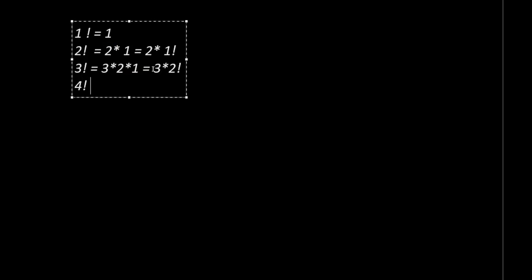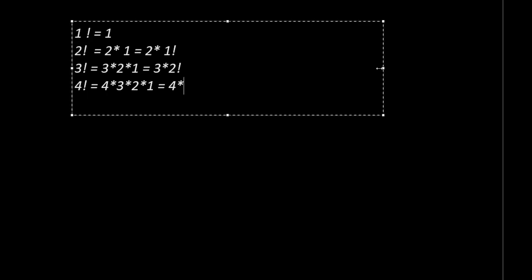So let us move on with 4 factorial. How do I find 4 factorial? Which is 4 into 3 into 2 into 1. How can I visualize 4 factorial in terms of 3 factorial? That is 4 into 3 factorial.